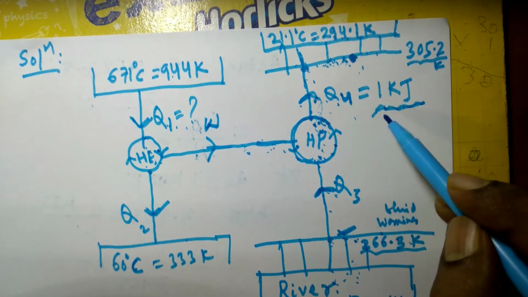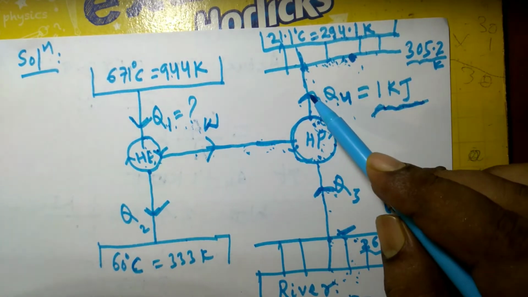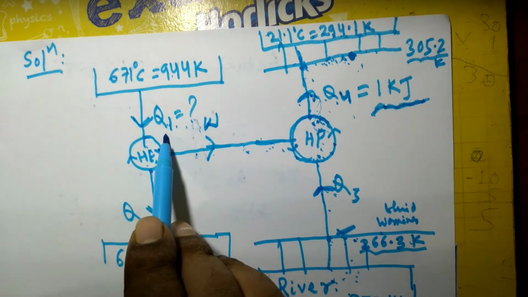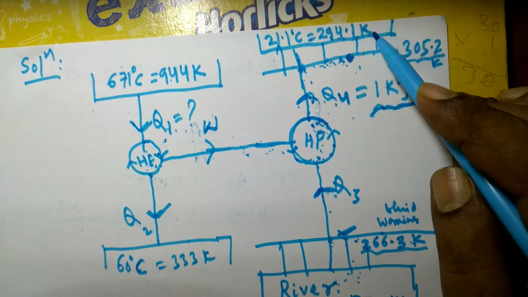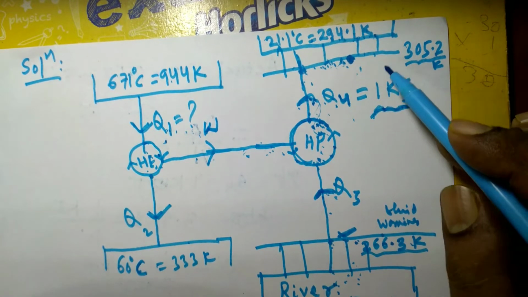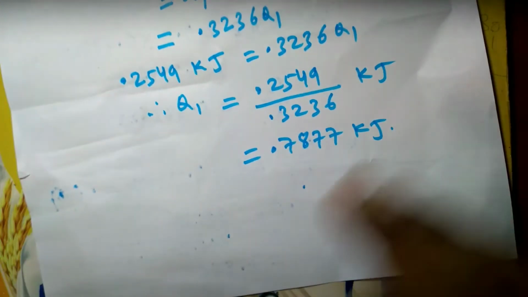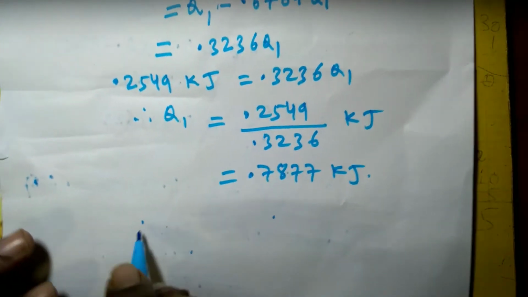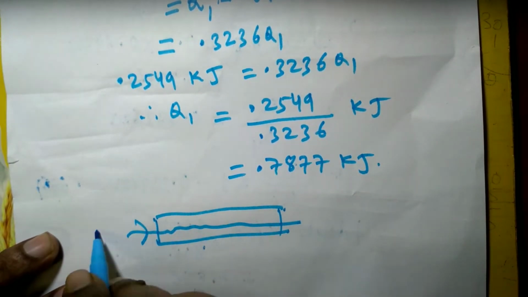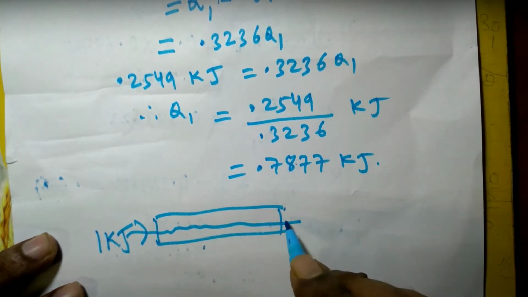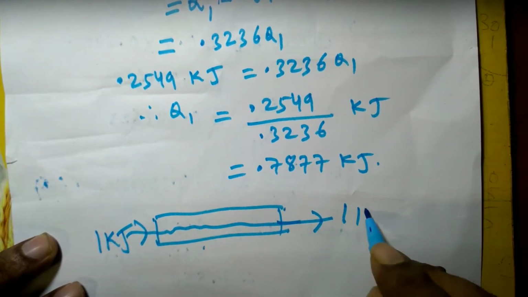So in fact, more heat is produced by this heat pump from a smaller amount of heat. On the other hand, if we had used direct heating to maintain this high temperature, suppose resistance heating, what happens? If we supply 1 kilojoule of electrical energy to a resistance, the heat produced will be 1 kilojoule only.